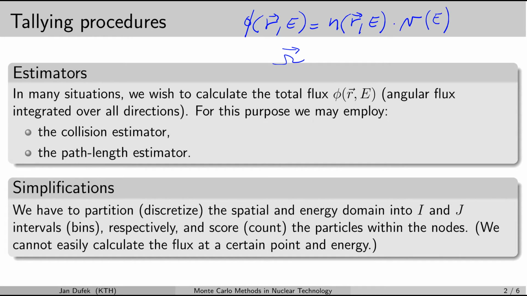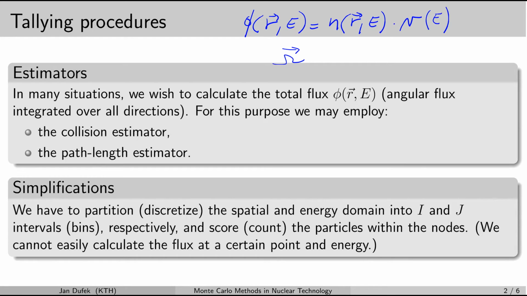However, that is only because the deterministic transport equation cannot be solved without considering the angular dependence of the neutron flux. So we are going to be interested only in the so-called total flux, that is basically integrated over all the directions. So we are going to consider the dependence on the position in the system and the neutron energy.